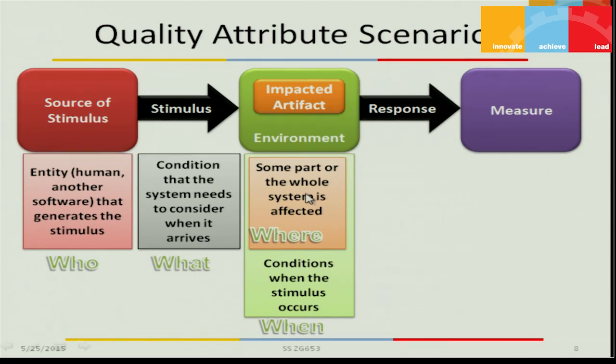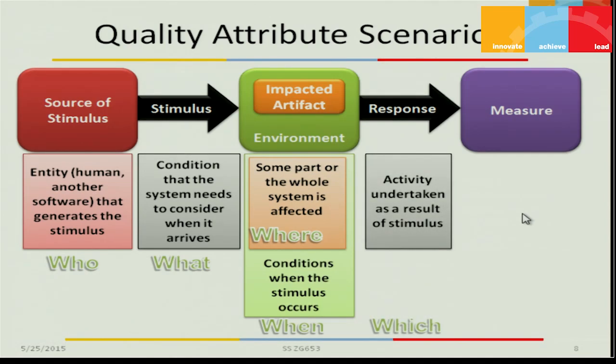The part of the system that is affected is the where part and the when part. Some part of the whole system is affected, so as part of the requirement, it has to describe how the system is going to be affected when this stimulus comes. The environment is the condition when the stimulus actually occurs, meaning the state of the system when this stimulus occurs.